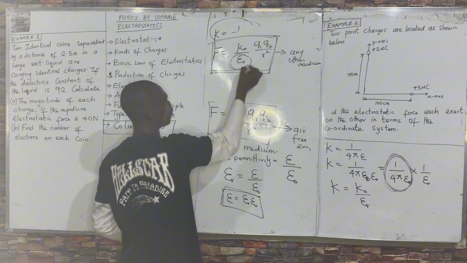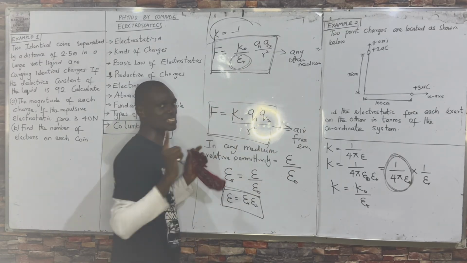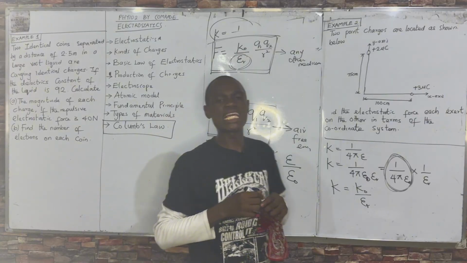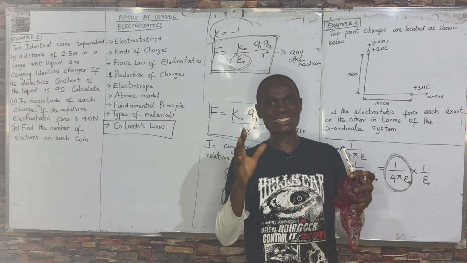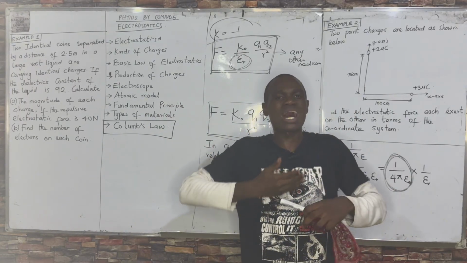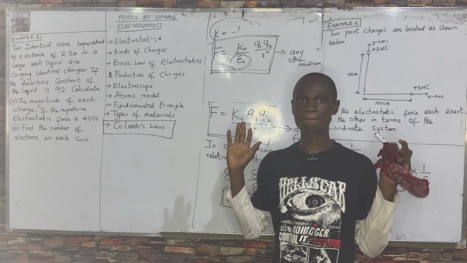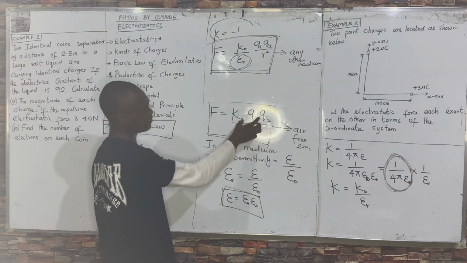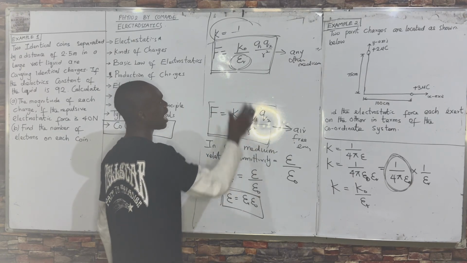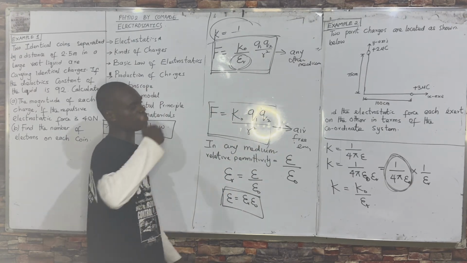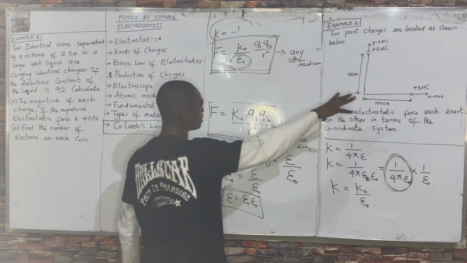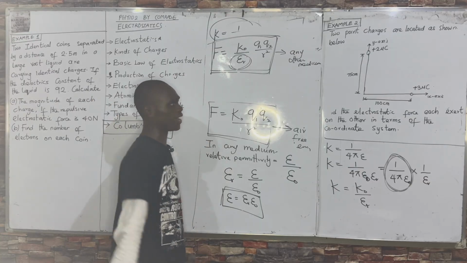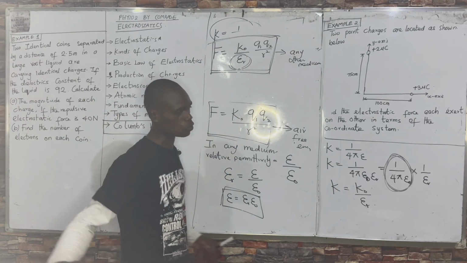When you are given the relative permittivity. Now, if a question does not indicate the medium of interaction, you assume it to be air. Is that clear? So I have this for Coulomb's law if the medium of interaction is air, and this for Coulomb's law if the medium is any other medium other than air. This is what we call Coulomb's law.